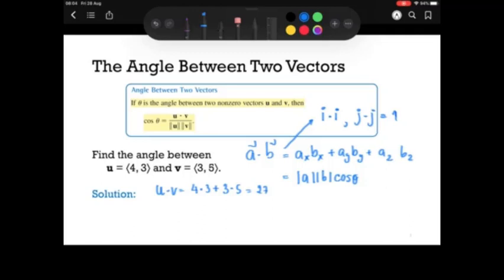And if you see the graphics of the two vectors here, this is the vector u, (3, 4), and this is the vector v, (t, 5).